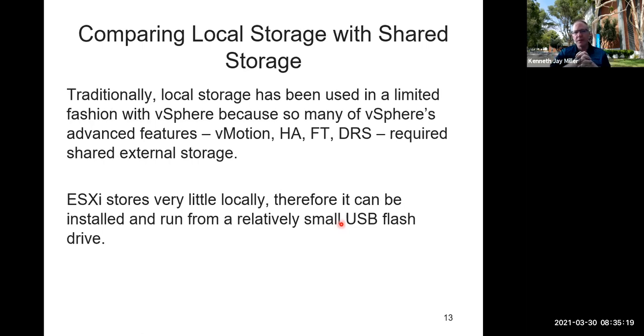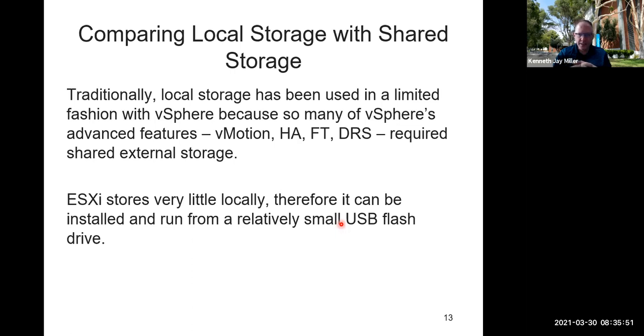Traditionally, the storage that we were talking about in server design was local storage. And by local storage, I mean the disks that are built into the server itself. Like if you take your home computer and disconnect your USB drive or your network connection and ask what storage is local to that machine, you're talking about the hard drives inside of it.